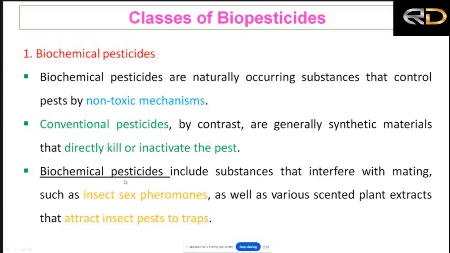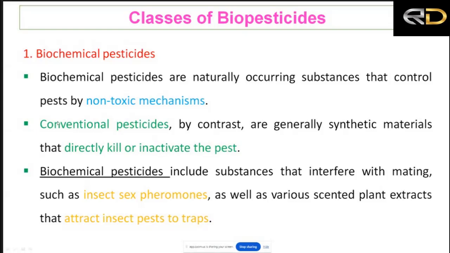But biochemical pesticides are substances produced by certain groups of plants or animals. They interfere with the mating of the pest, for example insect sex pheromones. If their mating is interrupted because of the presence of these, their population will not grow, and obviously their attack will be lower.